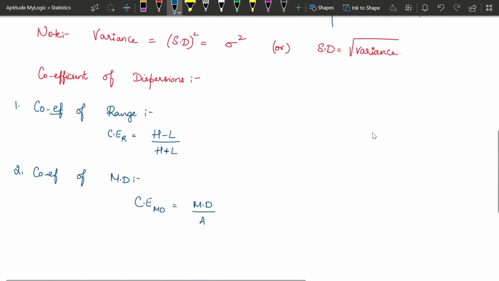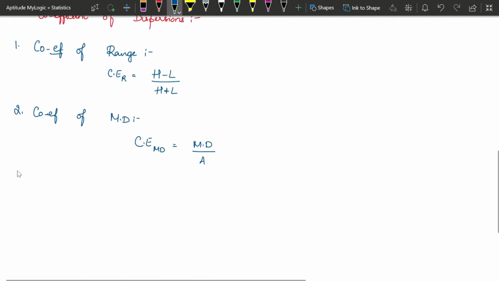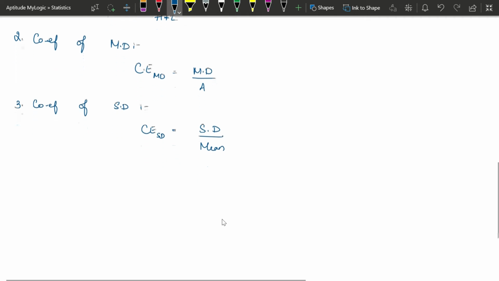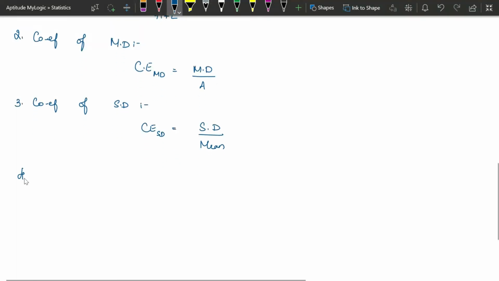This is coefficient of mean deviation, and then we have coefficient of standard deviation. Coefficient of standard deviation can be found by dividing standard deviation by mean. This is coefficient of standard deviation. The most important measure for comparing two different sets of values is coefficient of variation.